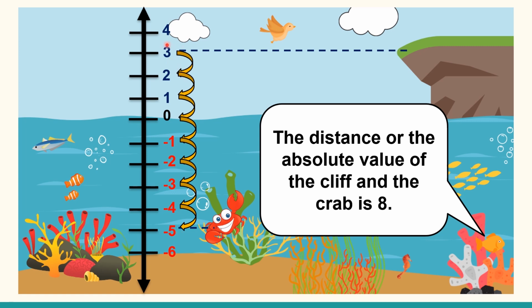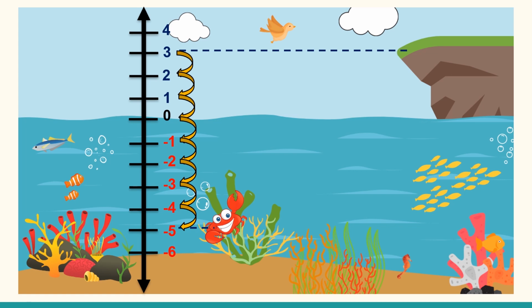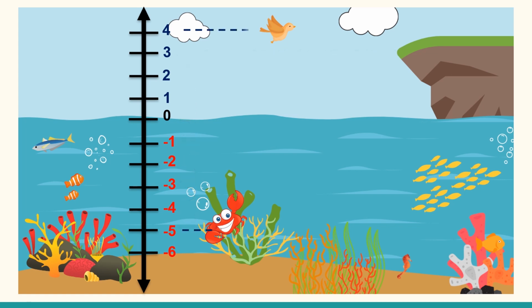From 3, where the cliff is, to -5, where the crab is, the distance is 8. Muli, mula sa 3 kung saan naroon ang cliff hanggang sa alimango na nasa -5, ang layo ng pagitan ng mga ito ay 8.